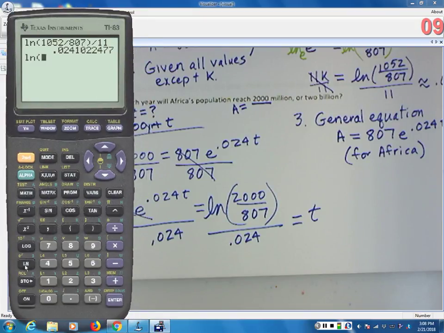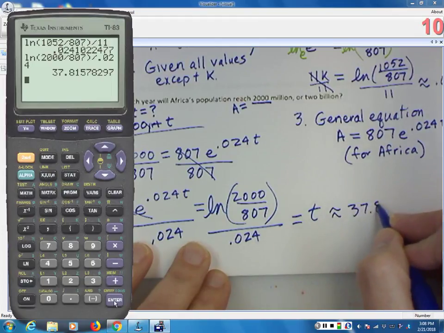So it's going to be the natural log of 2,000 divided by 807, close the parentheses, divided by 0.024. And t is approximately 37.8.